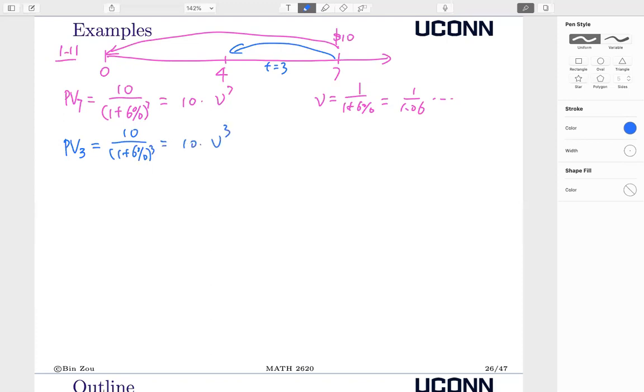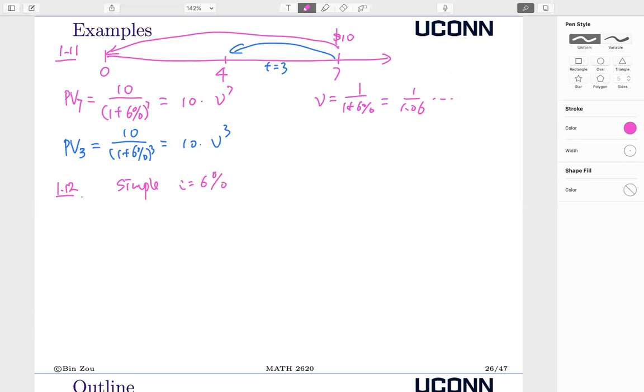The computation is rather simple, so I will leave that to you to complete. Okay, the next one: a payment of 10 is made at time 7 years. Determine the present value of this payment at time 0 and at time 4. Now we work with simple interest rate of 6%.